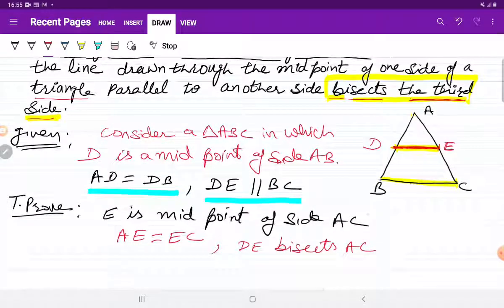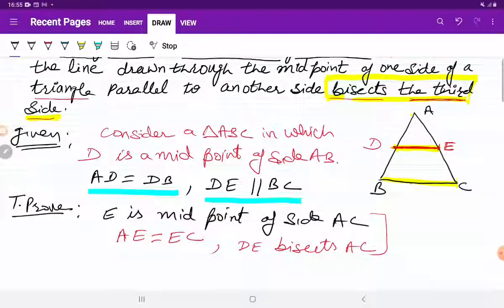So all these three mean the same. Okay, if we prove any one of them, then your question will be solved. We have to prove that AE is equal to EC, or that DE bisects side AC, or that E is a midpoint of AC. All these three things are the same.